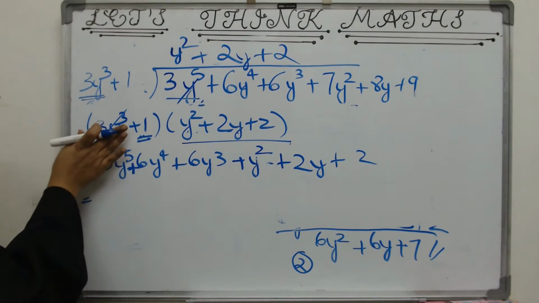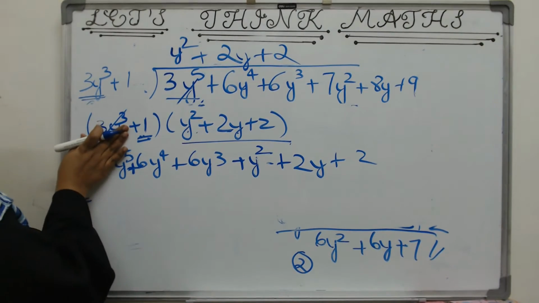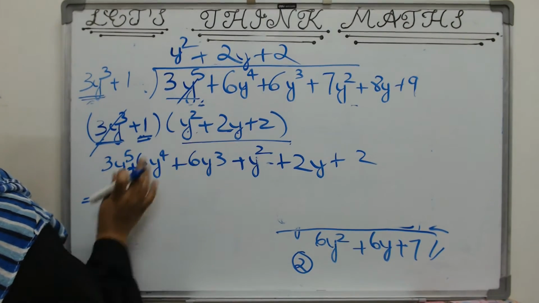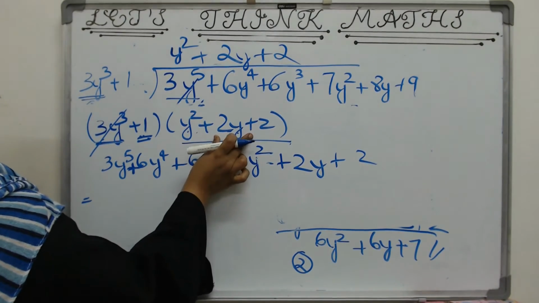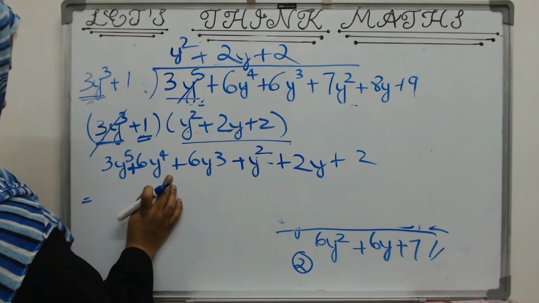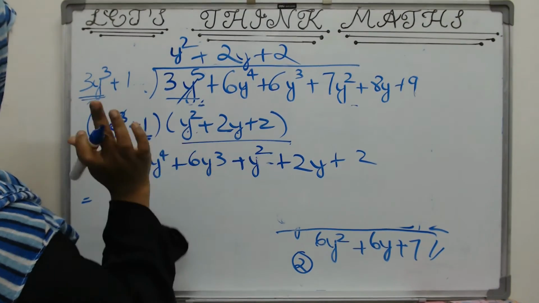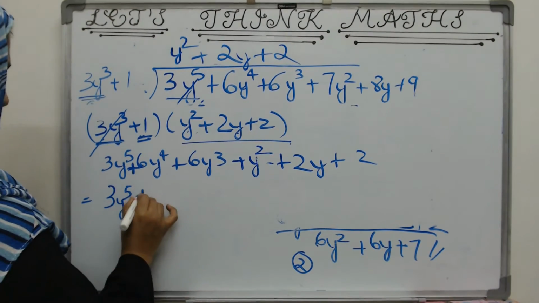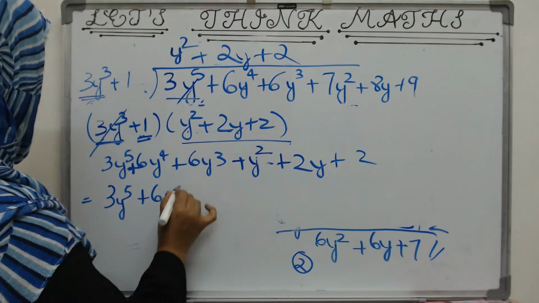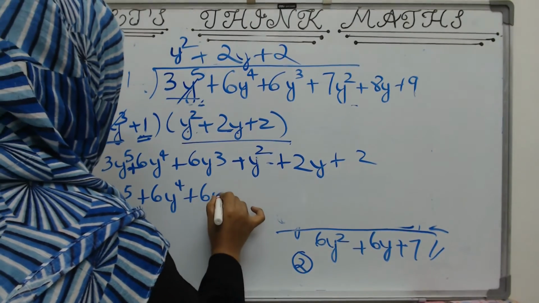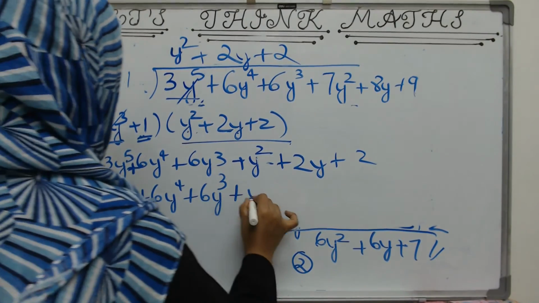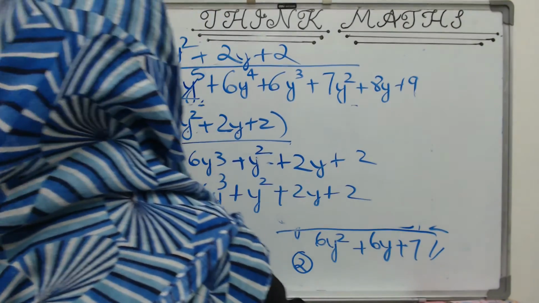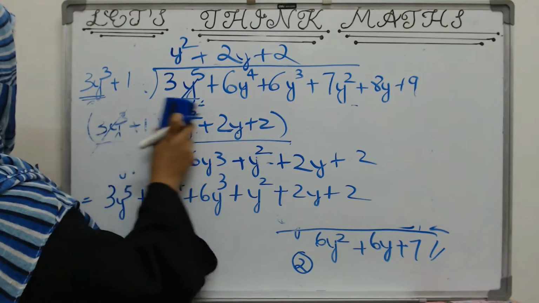So what did we do? We took 3y square and multiplied each term with this. So this was 3y raised to 5, this was 6y raised to 4 and this was 6y cube, right? Now what do we do? Let us add up all the like terms and luckily there are no like terms. That's it. There are no like terms. So this is our product.